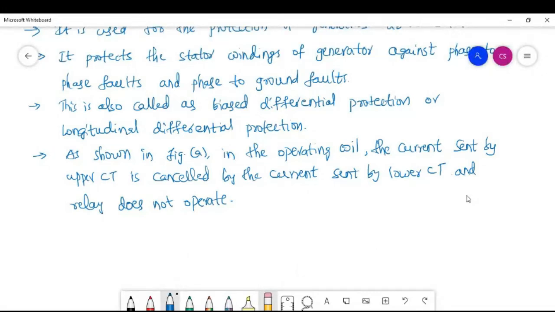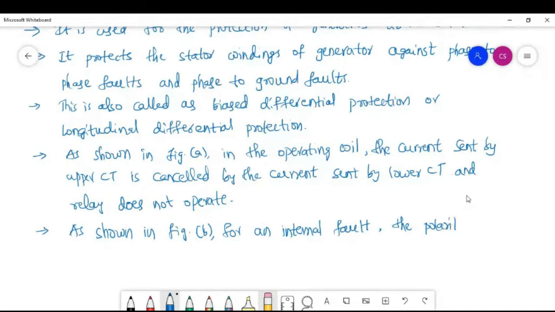For example, if a fault is taking place, then what happens? For an internal fault, as shown in figure P, the polarity of the upper CT with respect to the faulty phase is reversed.